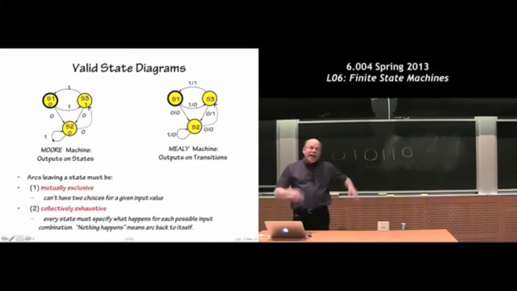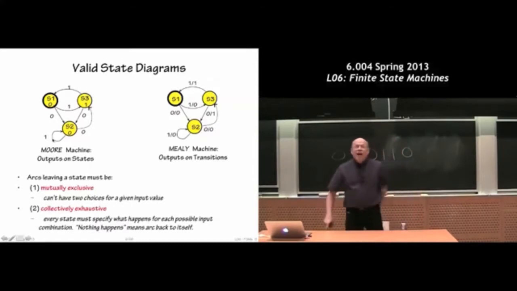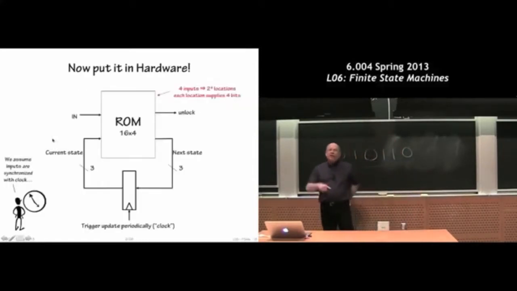Remember, that next state calculation has to be accurate, even if it's producing the same answer that it produced for the previous state. If you leave that equation out, your logic won't do what you think. So you really need all those loop-back arcs as well as all the arcs from transition to transition.